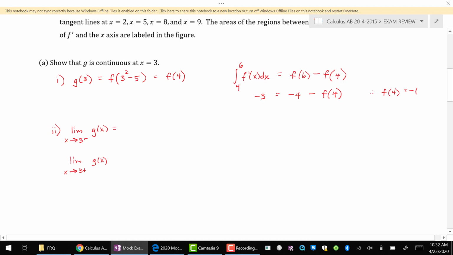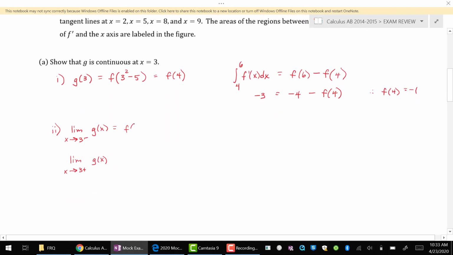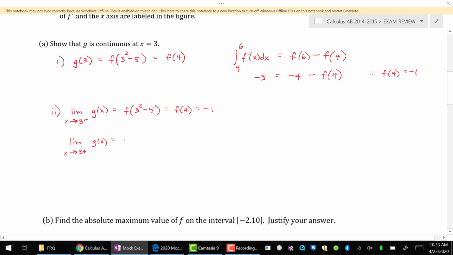So from the left side of 3, we're going to be dealing with f of x squared minus 5. And direct substitution will work just fine. From the right side of 3, we'll have 5 minus 2x.